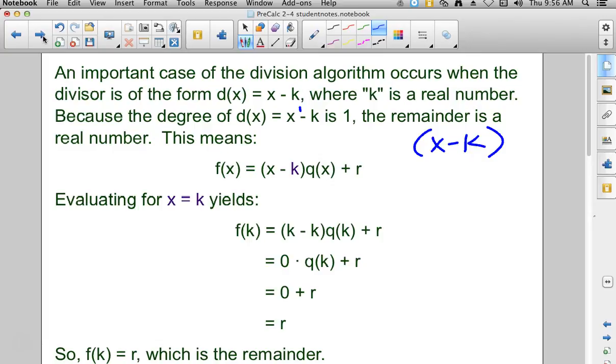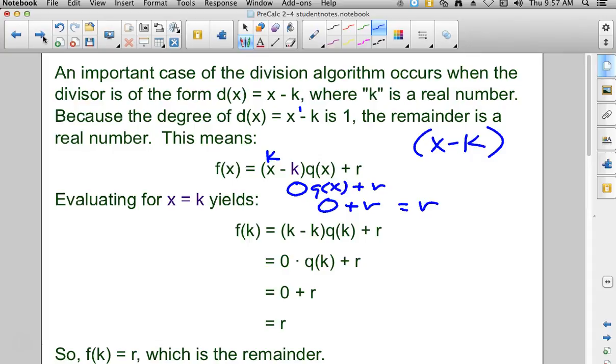So what does that mean to us? Well, f of x equals, so we've got something linear here, and then we have a quotient plus r. If it's a 0, we put it in here, and this gives us 0. 0 times anything is 0. This is just going to come out to be r, the remainder.